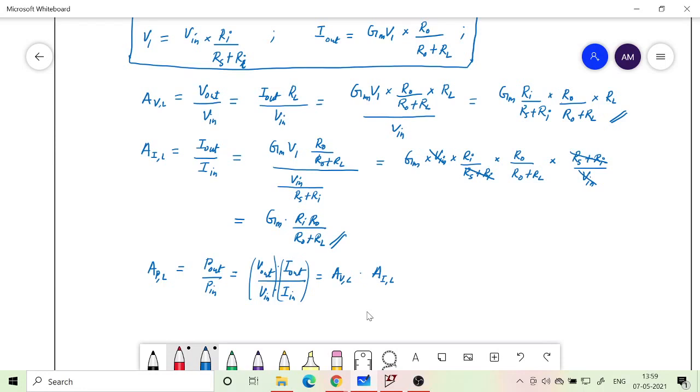Your simulation is verified because it is as per your equation. Similarly for current gain, the same procedure. You plot I out and I in, take the ratio, and see whether it is what you get according to the expression. It should match because they are ideal components that you are making use of.